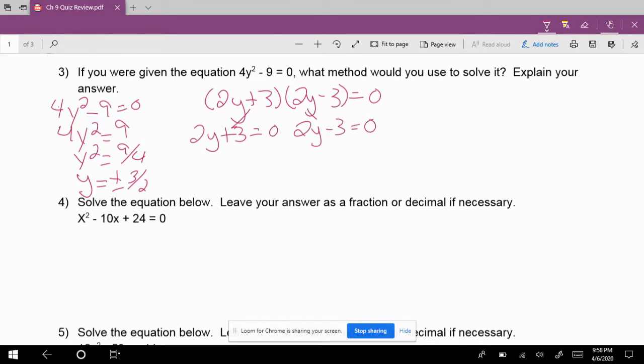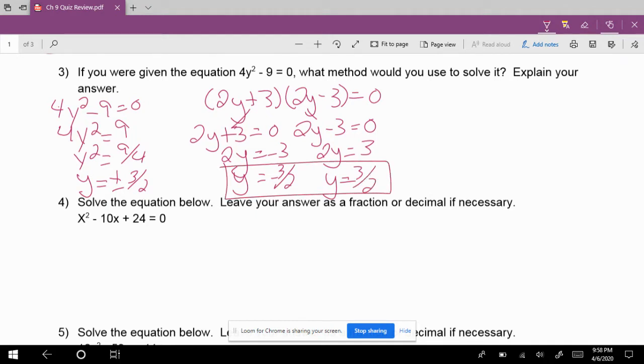To me, this does take a little bit more work, but it does get you there. And to finish up this side, we get the positive of it. So that's the same answer as plus and minus 3/2. So if you wanted to go that route, your explanation would be I would use the factoring method because I could tell this is a difference of 2 squares, or something along those lines.